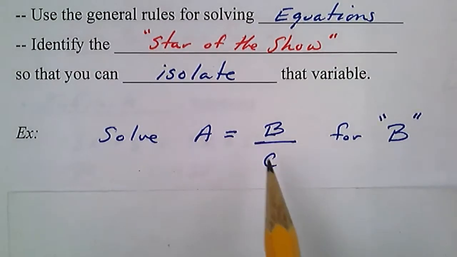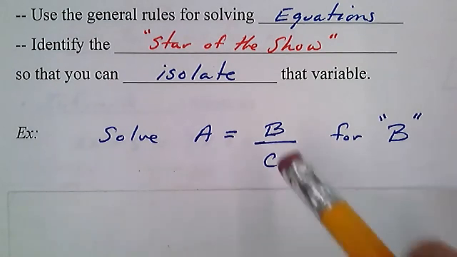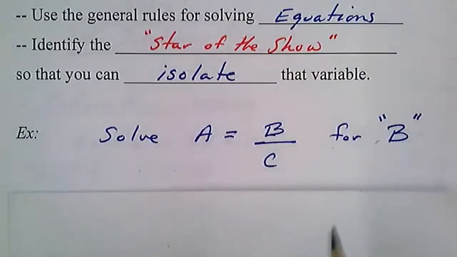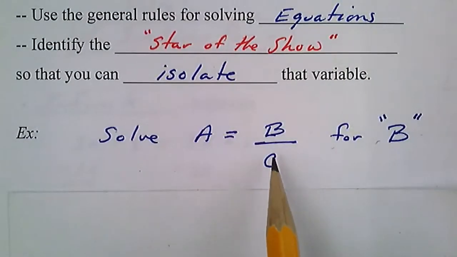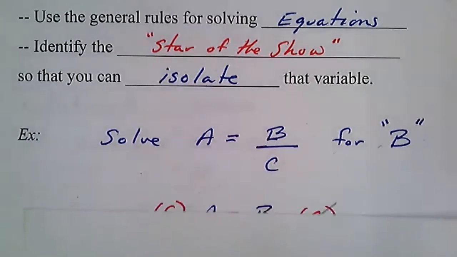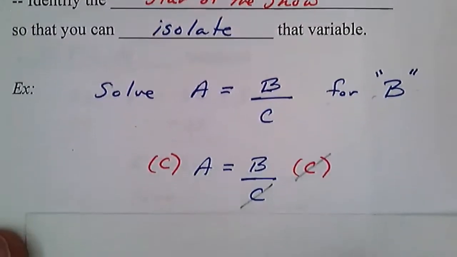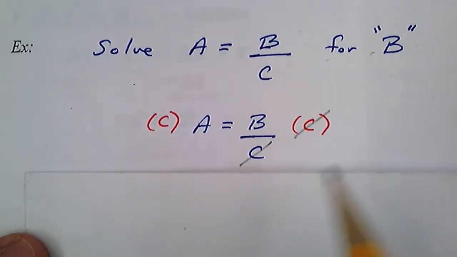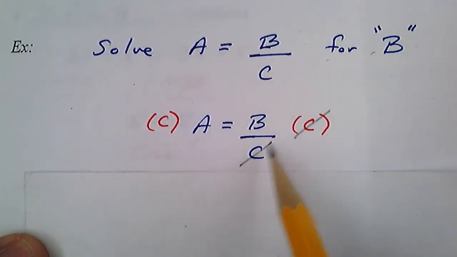Well, the first thing we need to do is get rid of this downstairs Danny. We need to get rid of that right there. The way we would do that is we'd multiply over here by C and multiply there by C. So these get canceled out.